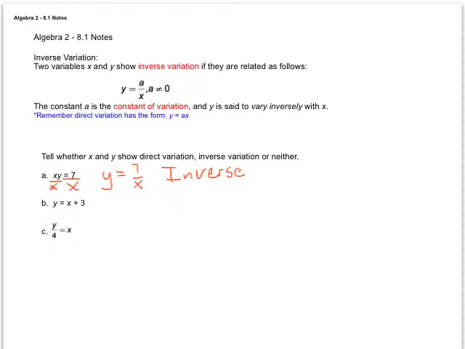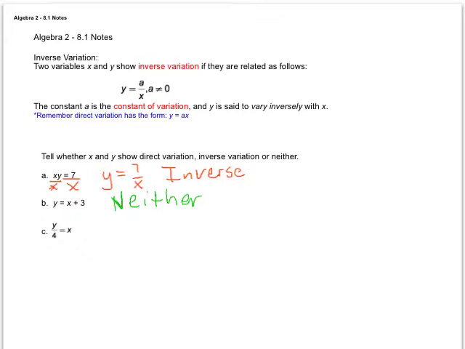All right, look at part B. Part B says y equals x plus 3. Well, this doesn't have the x in the denominator, and it doesn't have x all by itself with a constant. So this middle one is neither. All right, well, what about the last one? It says y over 4 equals x.